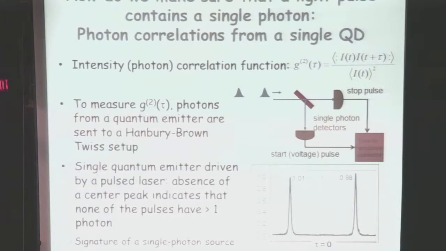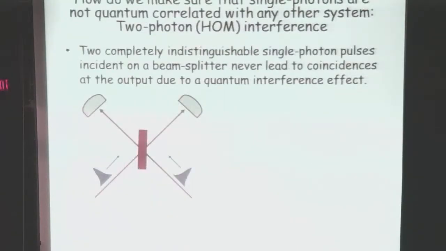And this has become almost a standard starting tool in characterizing single quantum emitters of any sort in the solid state. But this experiment itself only tells you that you have a single photon, not that it has correlations with other degrees of freedom. Okay? So that is actually possible.